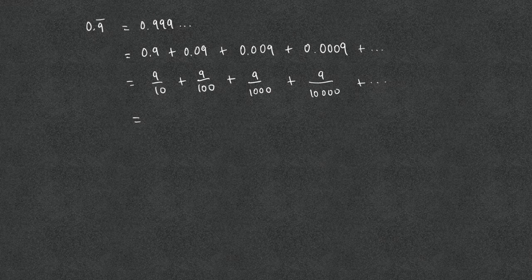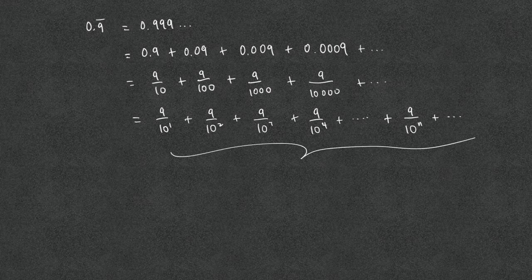Rewriting this, we see that this is 9 over 10 to the 1 power plus 9 over 10 squared plus 9 over 10 cubed plus 9 over 10 to the 4th power, and the nth term is 9 over 10 to the n power plus, and so on. This is an infinite sum because we add infinitely many terms.